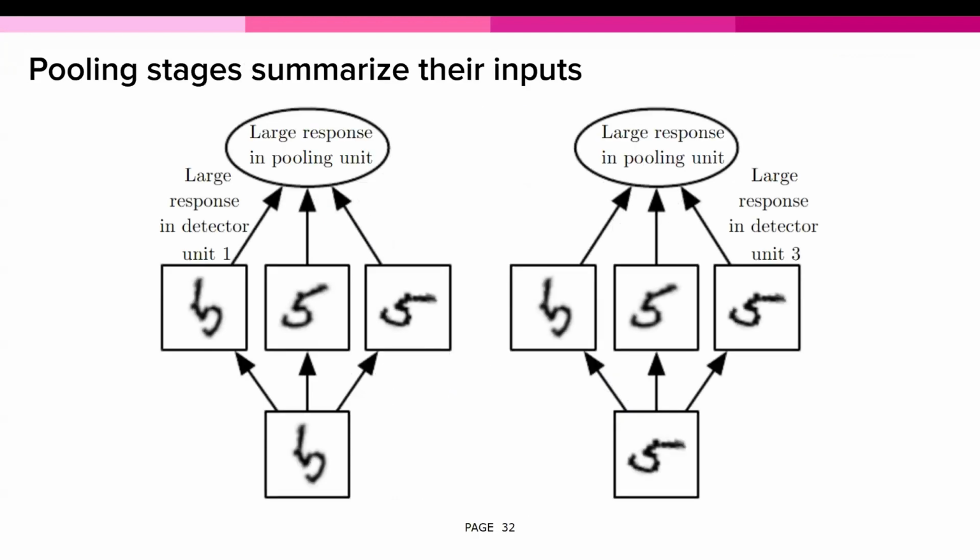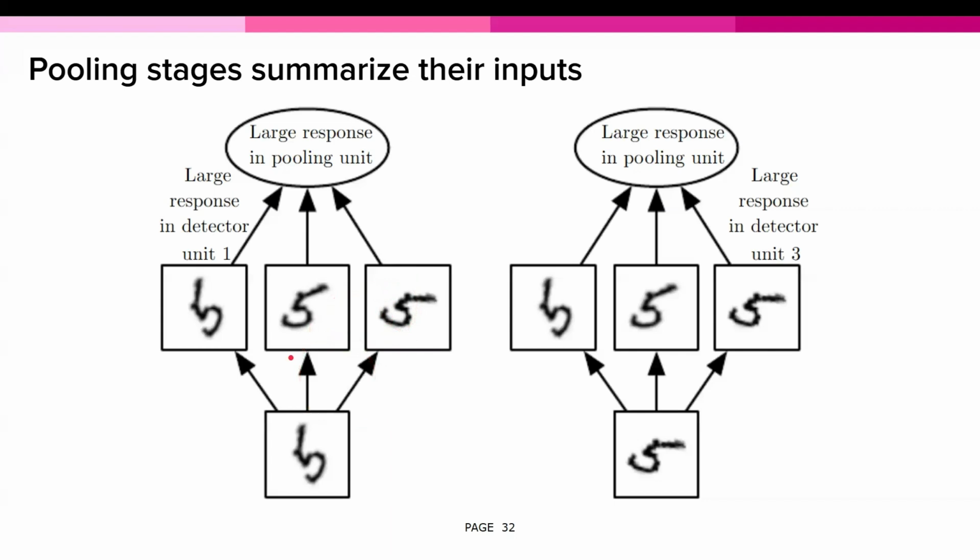Pooling over spatial regions produces invariance to translation, but pooling across feature maps can also enable the network to learn invariance to more complex transformations like rotations. This is achieved by training separate convolutional filters, each designed to detect specific variations of the same pattern. For example, you might have three filters specialized to detect different orientations of the handwritten digit 5.